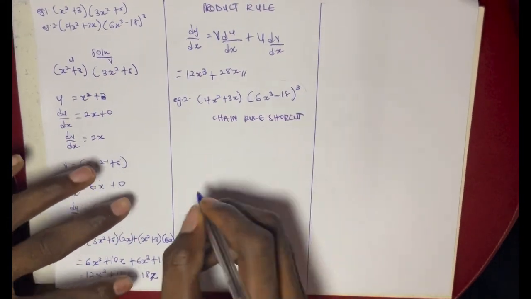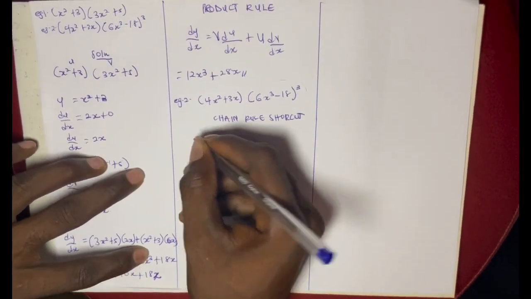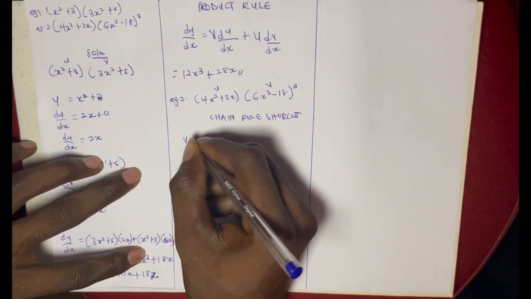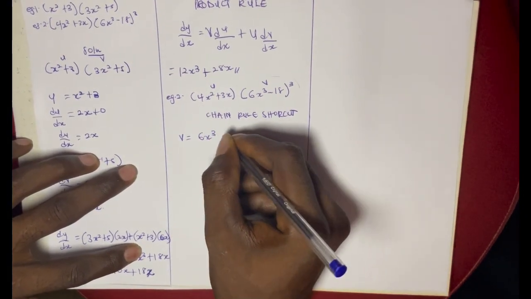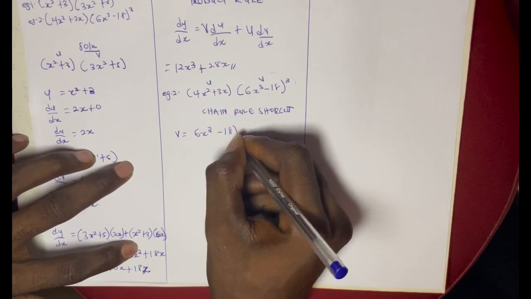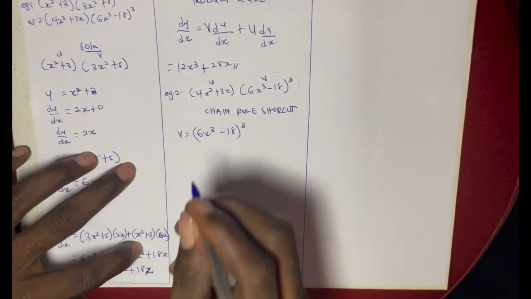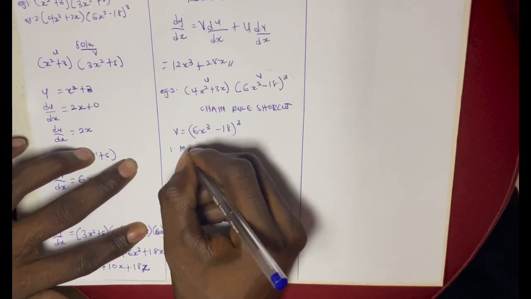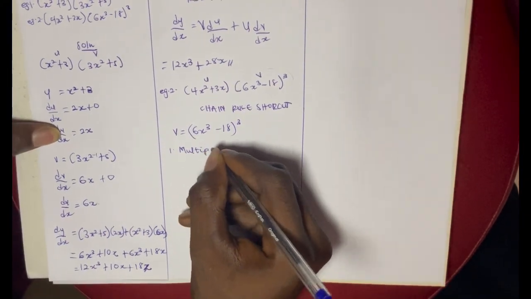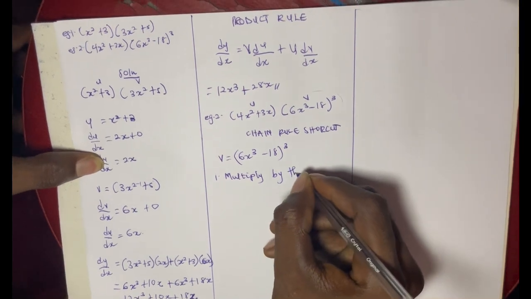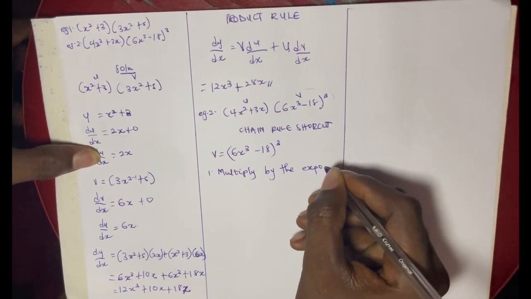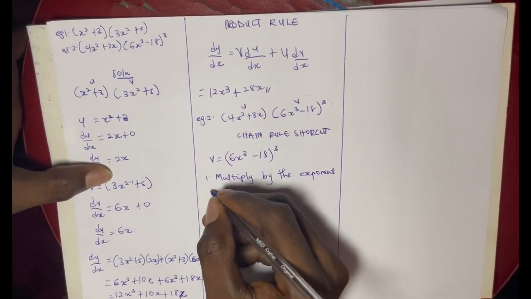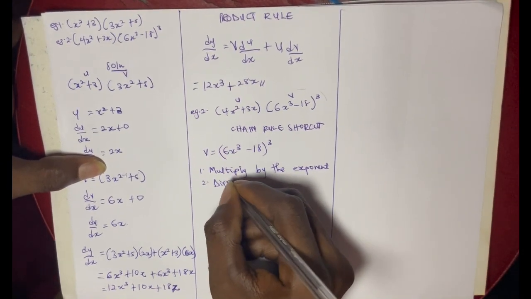So from here, we have this one as u and this one as v. So v is 6x cubed minus 18, all cubed. In the shortcut, the first step is to multiply by the exponent, and differentiate the whole term.